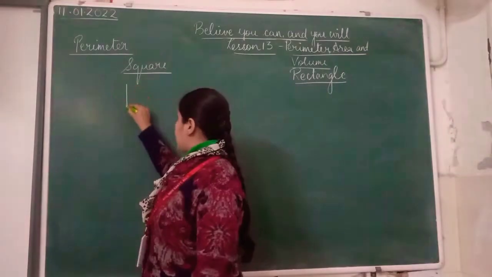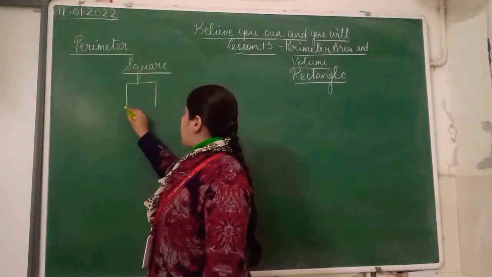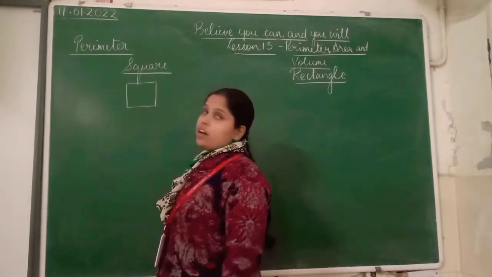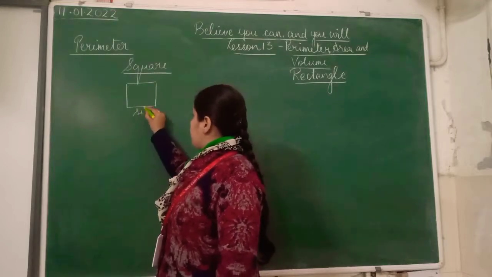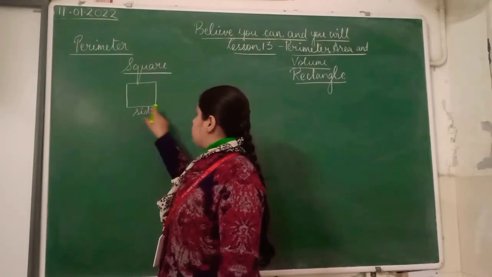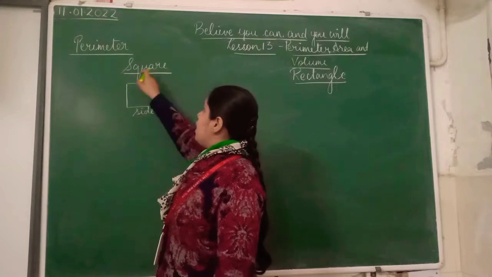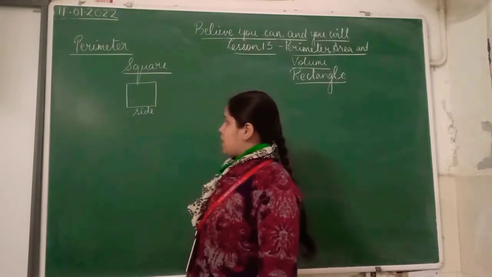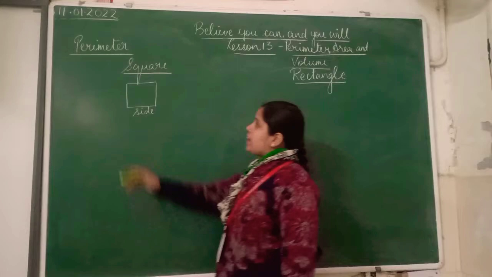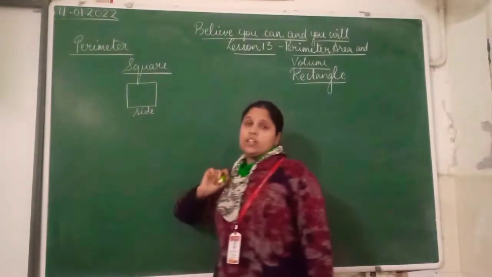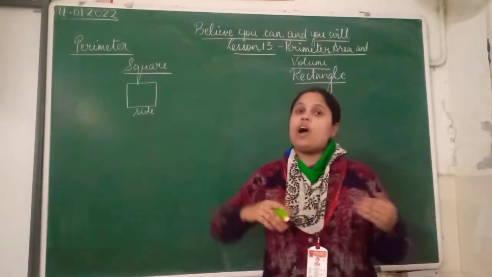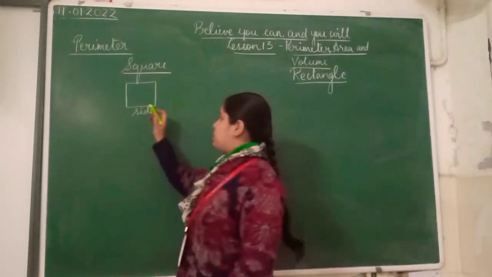Talking about square, in a square all the sides are equal. Okay? Means if we are talking about this side is equal to this side and all the sides are same. So, to find the perimeter, now in the previous class, in class 4th, you have already studied what perimeter is.